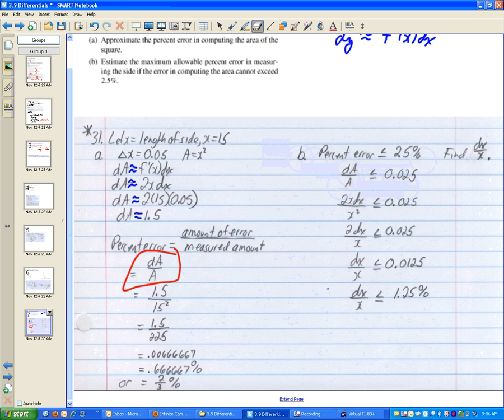Now, it says estimate the maximum allowable percent error. Let's see. It's a different percent error they were asking us for. They're not asking us for dA over A. They're asking us for the percent error in measuring the side. We haven't talked about that in this problem yet, but think about it.